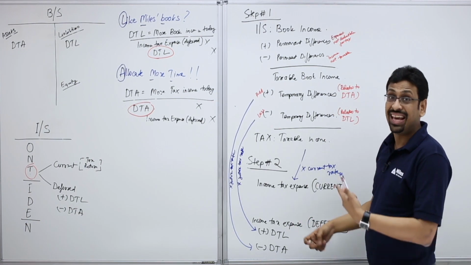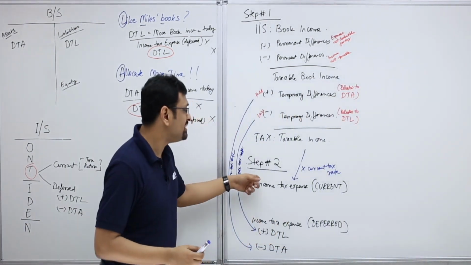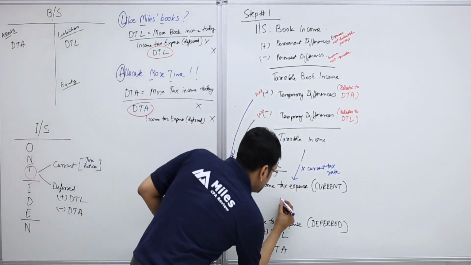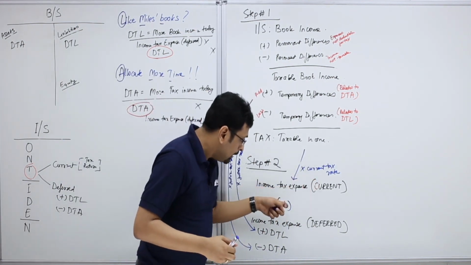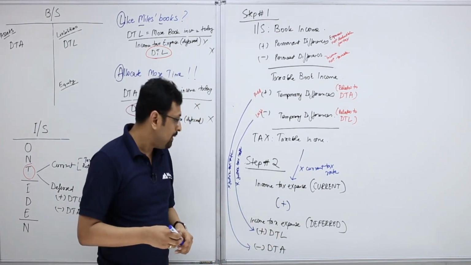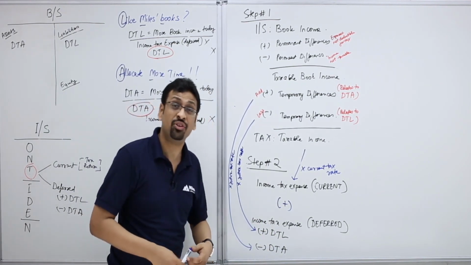We are looking at deferred tax asset for the year. Now, once you have all these three numbers in place, it's simple. Income tax expense current plus income tax expense deferred, or you could say income tax expense current plus DTL for the year minus DTA for the year.